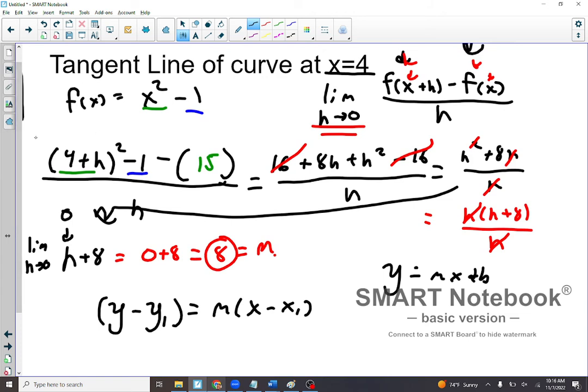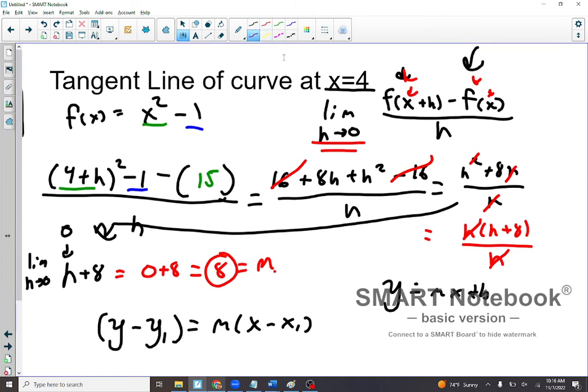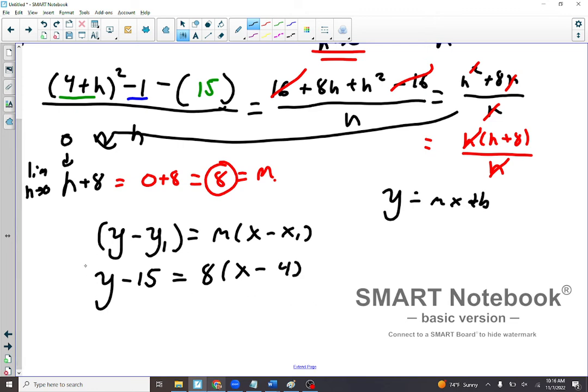All right. Now, before I start, I just need to know what my y value is in this equation. So in this case, when x is 4, the coordinate point is going to be 4 squared is 16, minus 1, 15. So on the left side, I'm just going to plug it in. y minus 15 equals the slope I found, 8, times x minus 4. So I'll be done with that one.